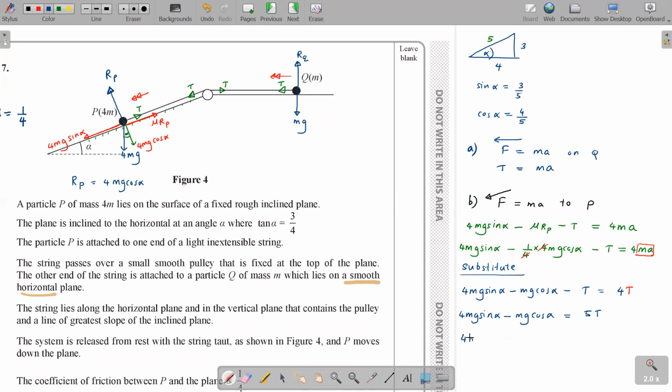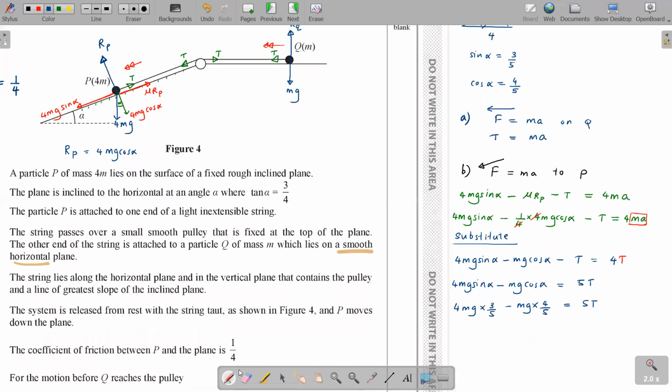So then I get here 4mg sin alpha, which is 3/5, minus mg cos alpha, which is 4/5, equals 5T. Adding everything together, I get 4 into 3, 12/5 mg minus 4/5 mg equals 5T.